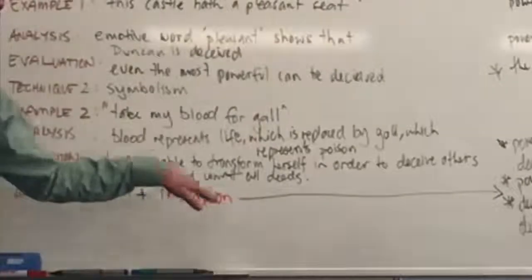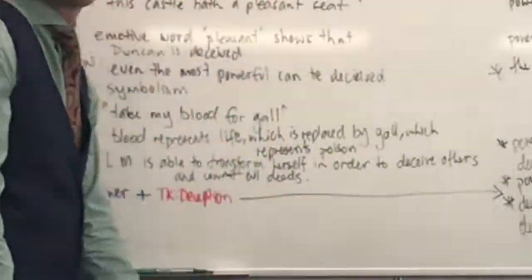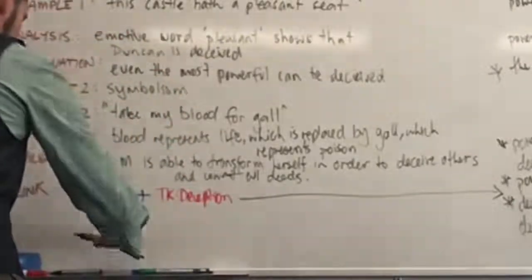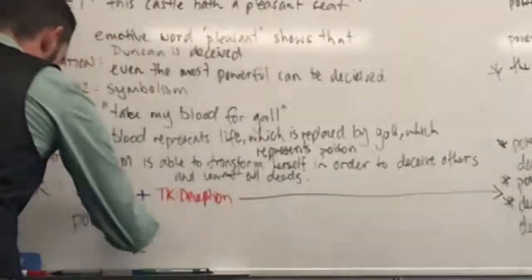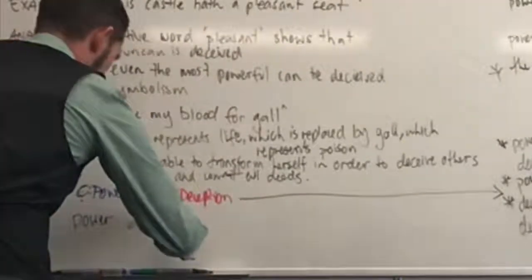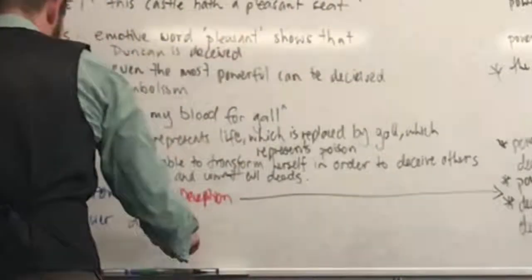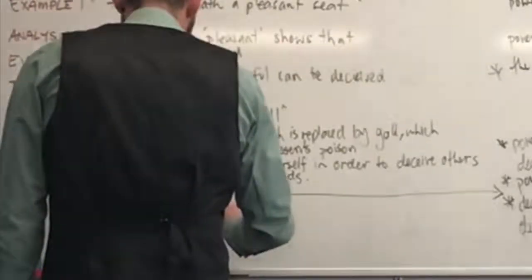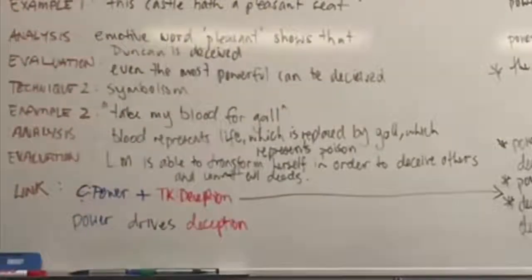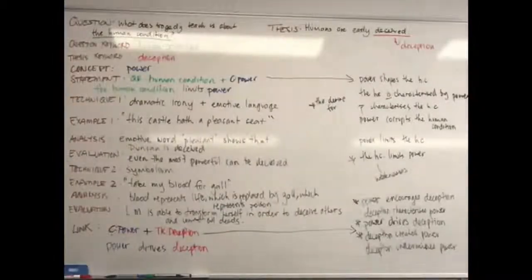In fact, this one would equally work, but just for simplicity's sake, I'm going to use that one. So I've got power drives deception. Okay, so now I've got my plan.